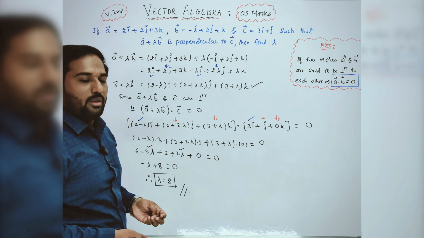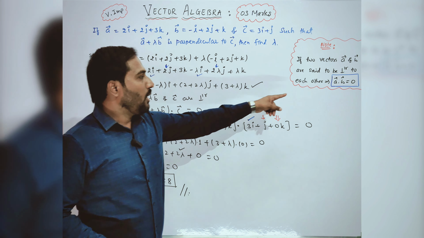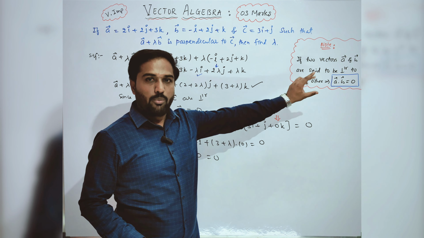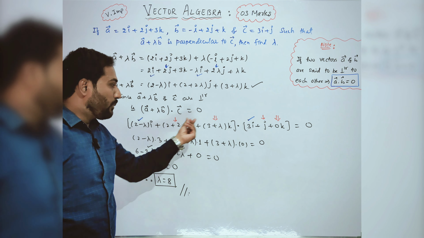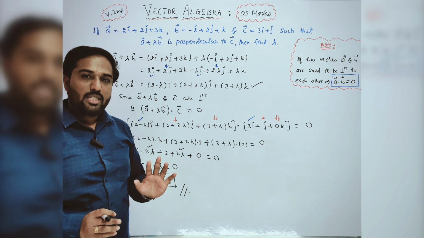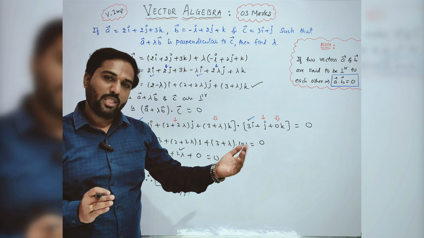Simple. This is very simple. So we have learned two things here. One is how to use the condition a dot b equals 0 for perpendicularity. Second, addition of two vectors and dot product of two vectors. In addition, the i coefficient is added with i, j with j, k with k.